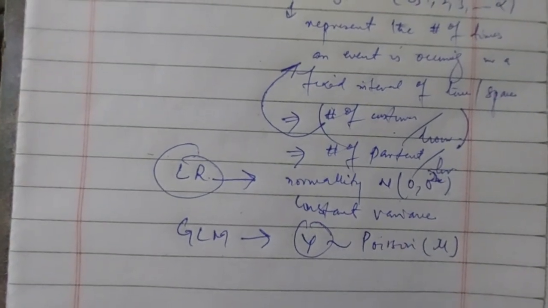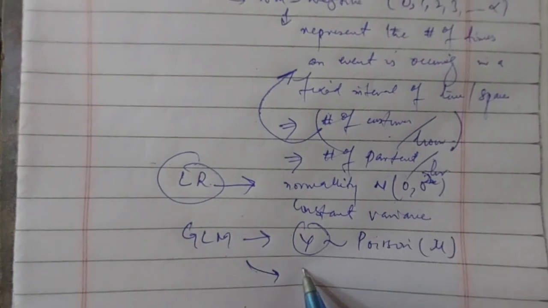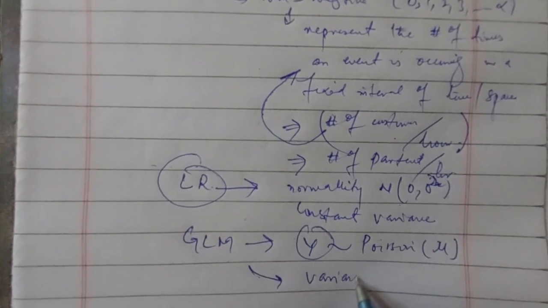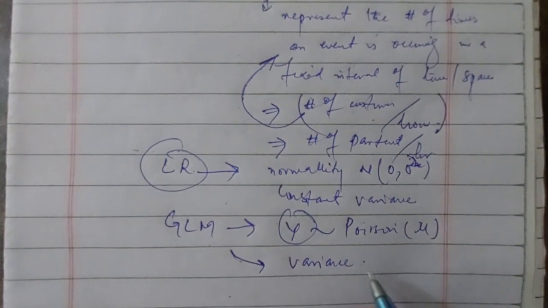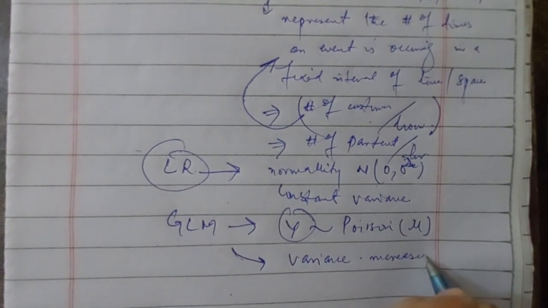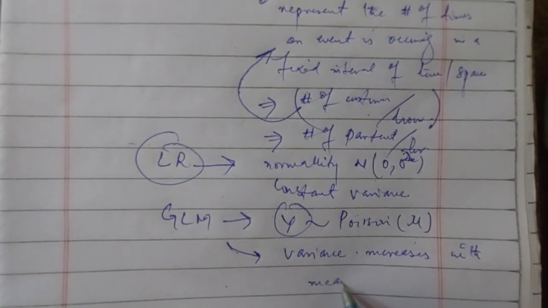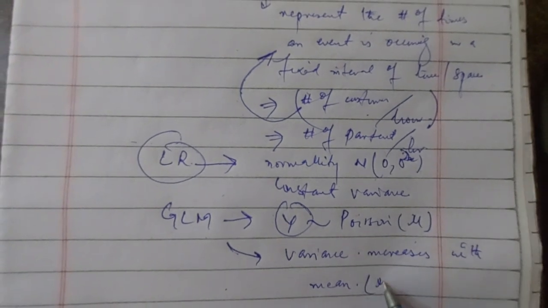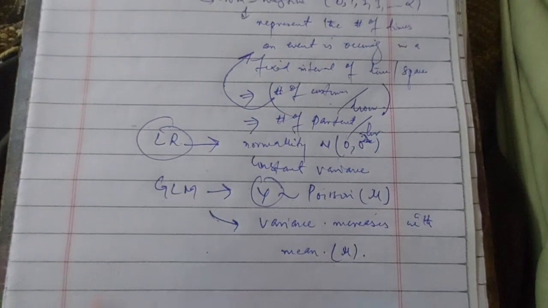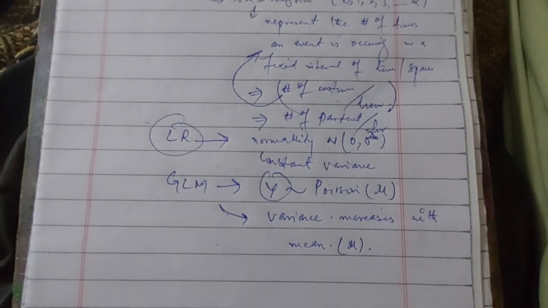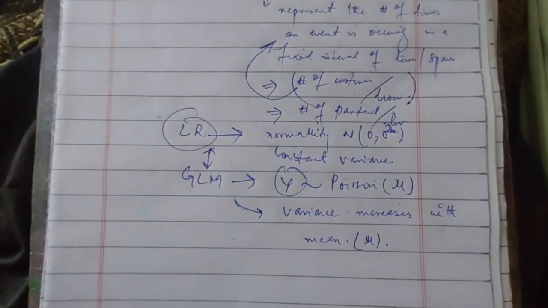Secondly, the variance is directly proportional to the mean, so variance increases with mu. These are the two assumptions of the GLM, and these are the differences between the GLM and the basic linear regression.